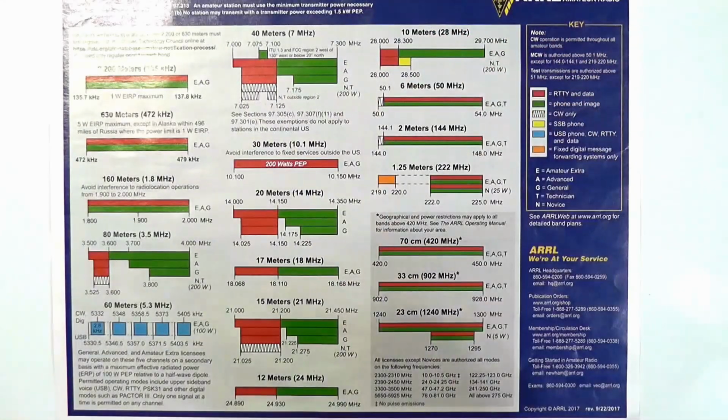Below 6 meters, that means 10 meters, you've got privileges on 10 meters, 15 meters, 40 meters, and 80 meters. On those bands, 200 watts peak envelope power.